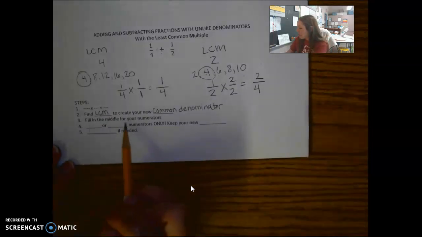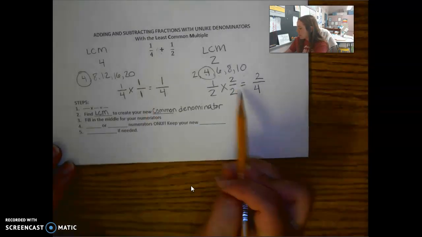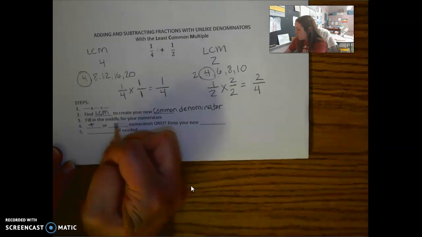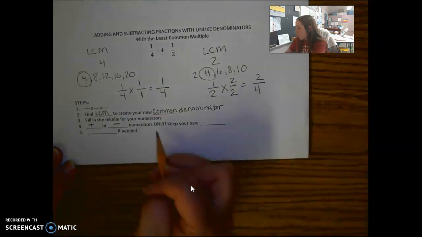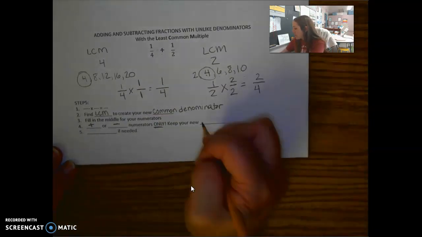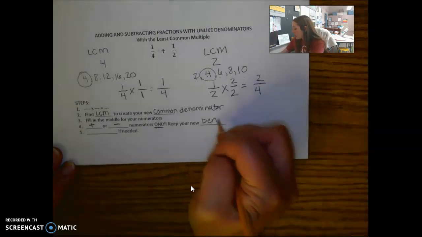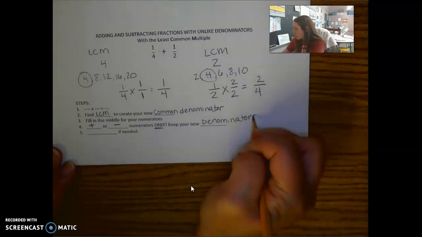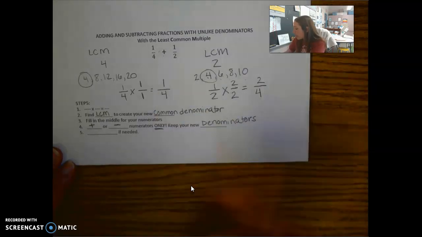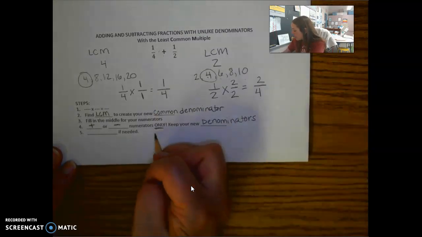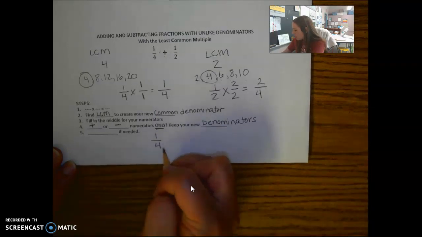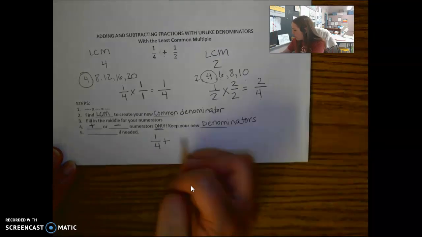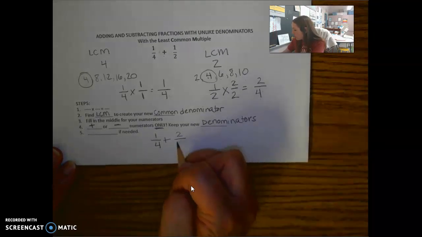Fill in the middle for your numerators. That's what we did here. Now we need to add or subtract numerators only. Keep your new denominators. So let's go ahead and add our new fractions together. 1/4, which is what we created, plus our new fraction with a new denominator.